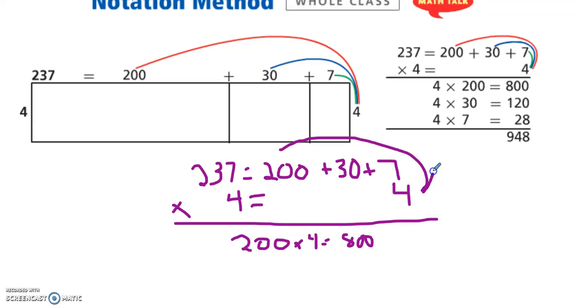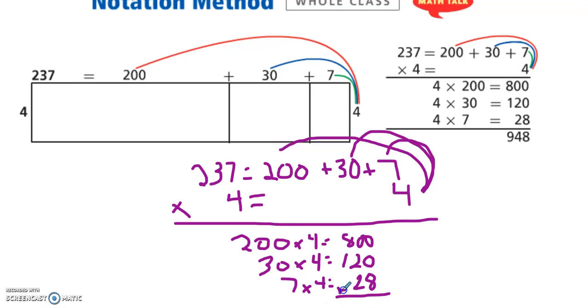My next one is 4 groups of 30, or 30 groups of 4. And remember, I'm going to line up my digits as best as I can. Then my third equation is 7 groups of 4, and that's 28.